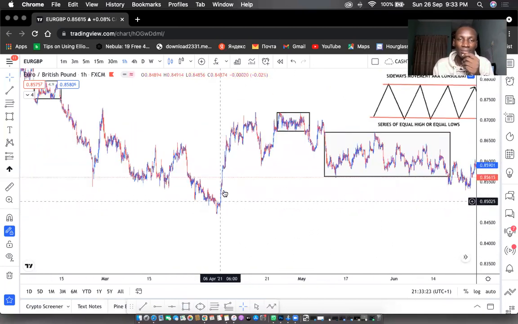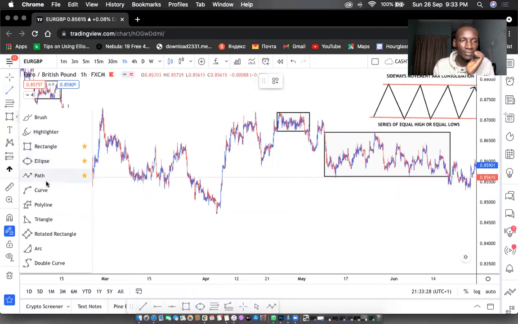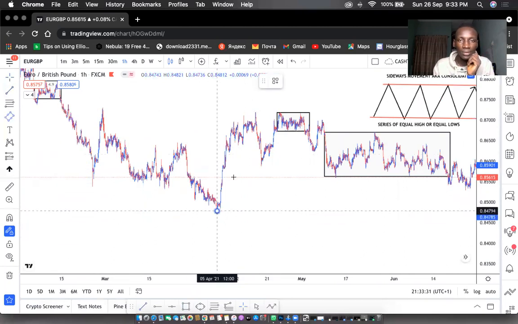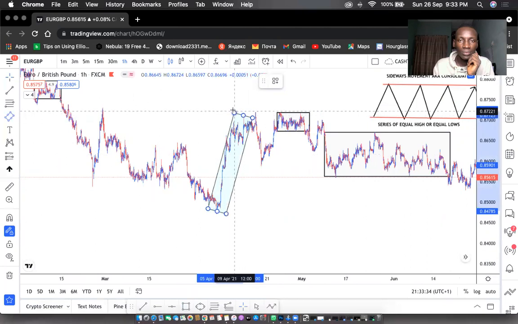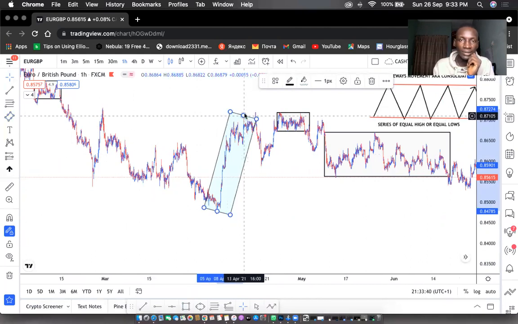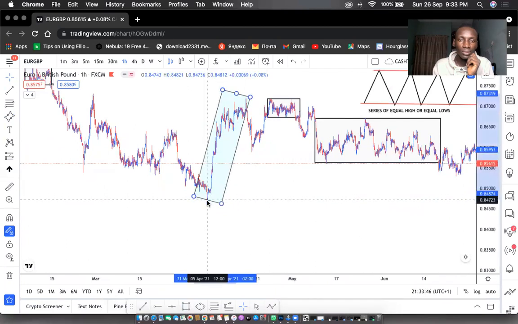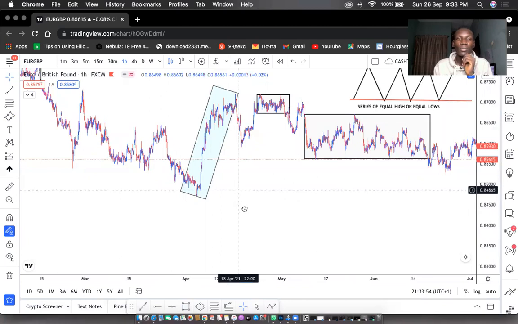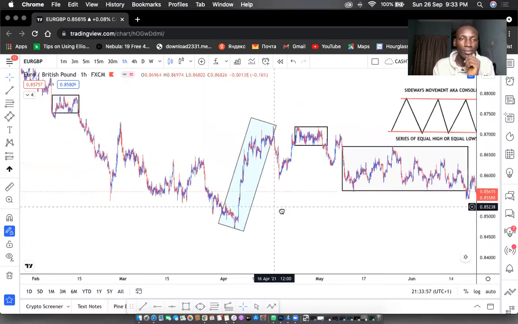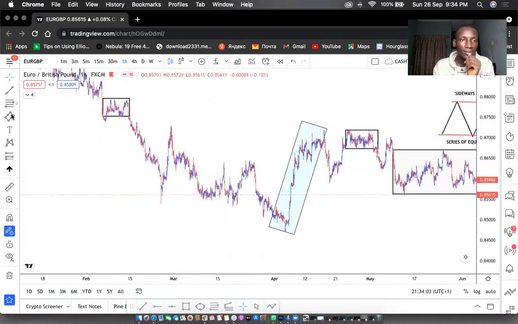Now, when market starts moving up like this, these are what we call trends. This is an uptrend.